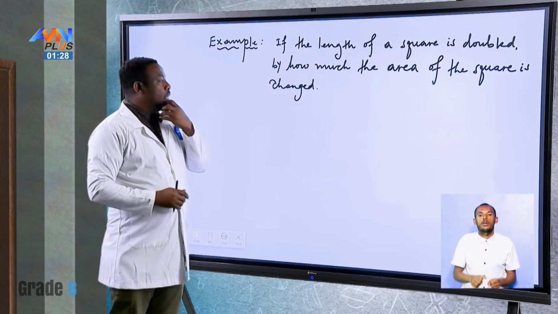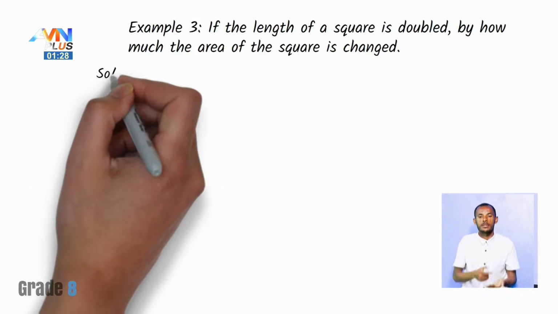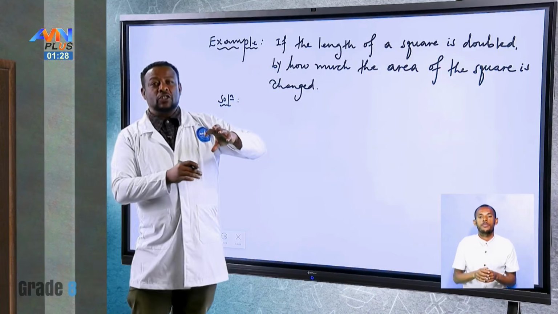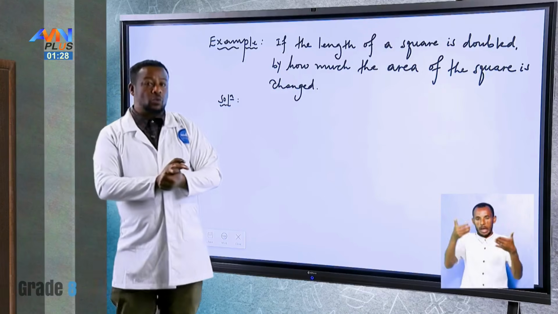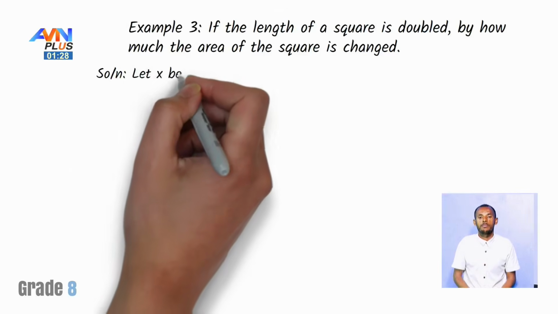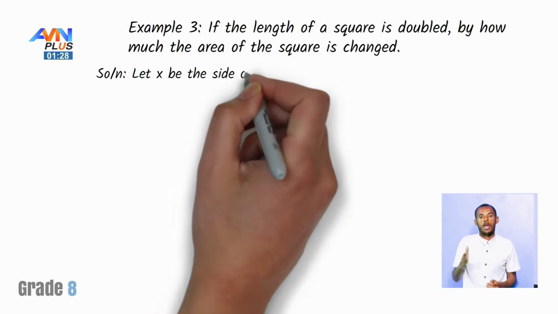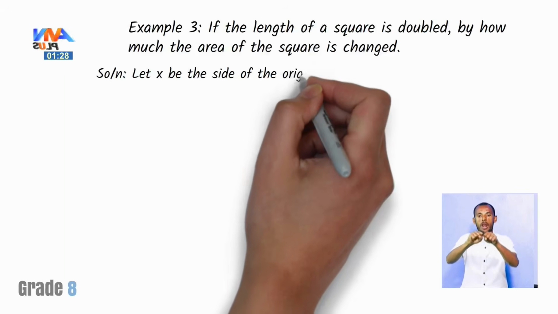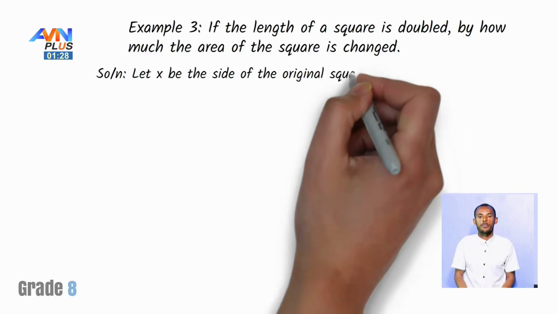Good. So to answer this, we need to properly put the dimension of the original square and the newly obtained square. So let x be the side of the original square region.